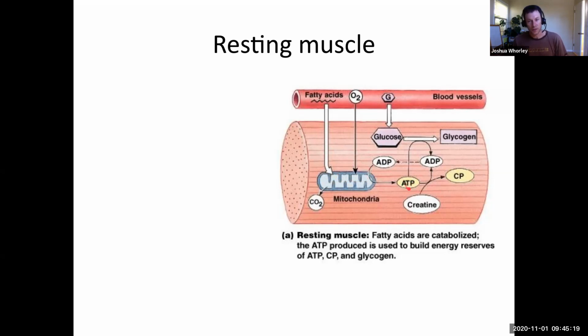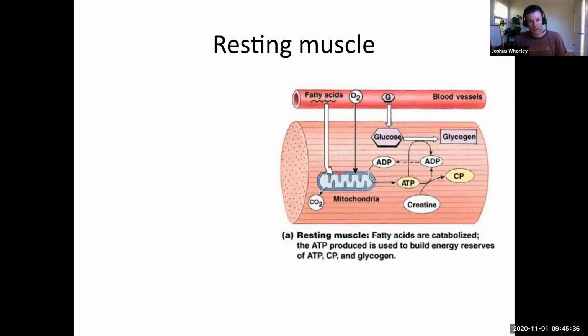We're also producing lots of creatine phosphate, which we are banking. So we're basically creating fuel storage for these components that fuel muscle contraction: ATP, creatine phosphate, and glycogen.